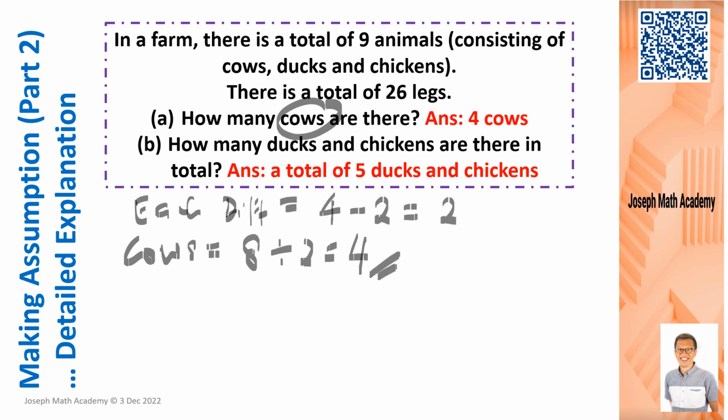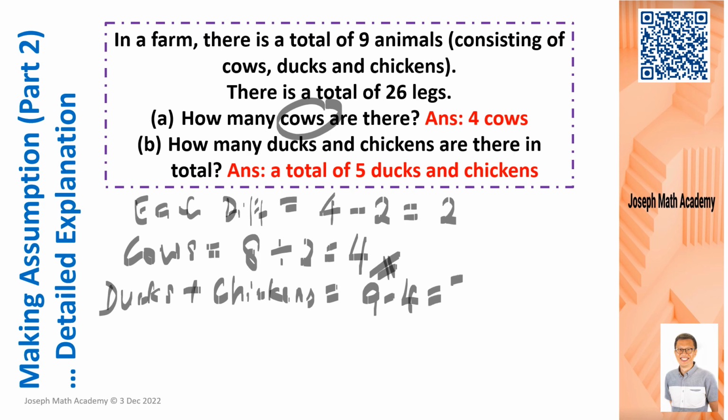So the cows will be 8 divided by 2, that gives us 4. So there are 4 cows, meaning the total ducks and chickens combined would be 9 minus 4, that gives us 5. Let's do a simple check.